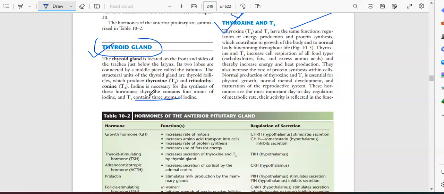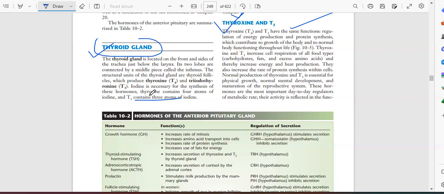Whatever you're eating is converted into carbohydrates, fats, or amino acids. After that, it reaches the cell in smaller amounts. So what does the cell have to do? The cell has to utilize it. So what do T3 and T4 do?